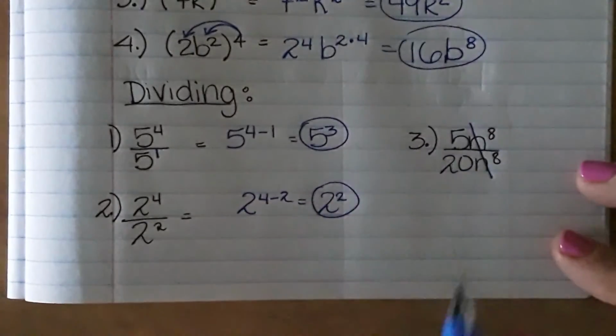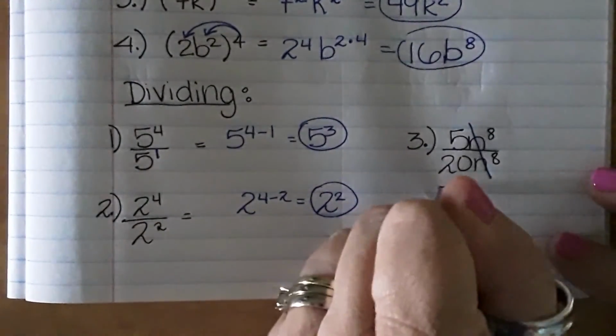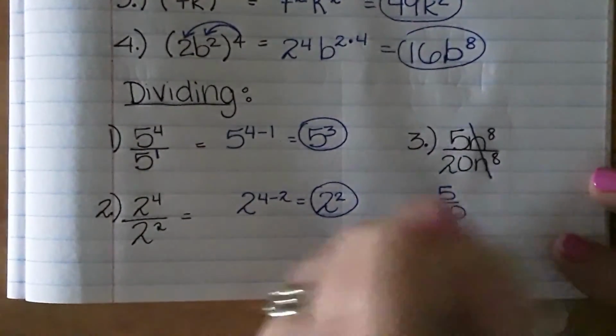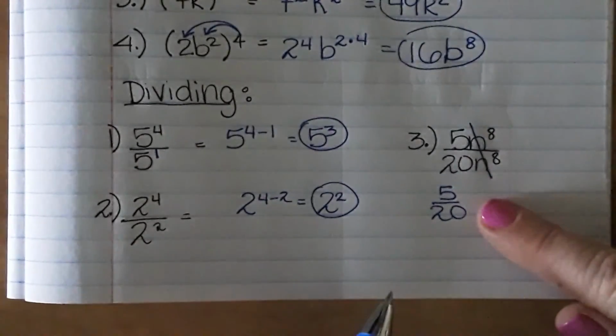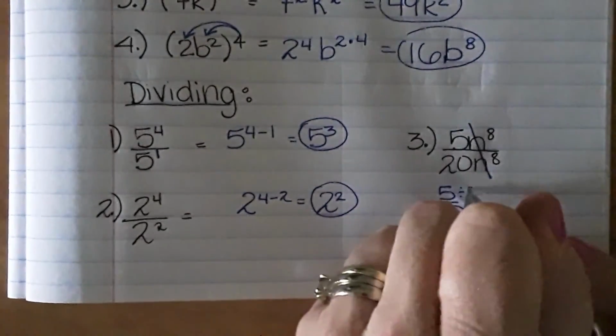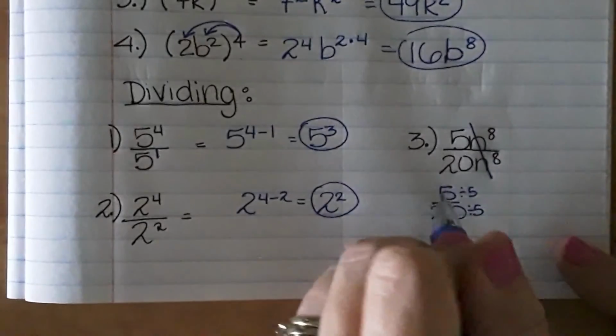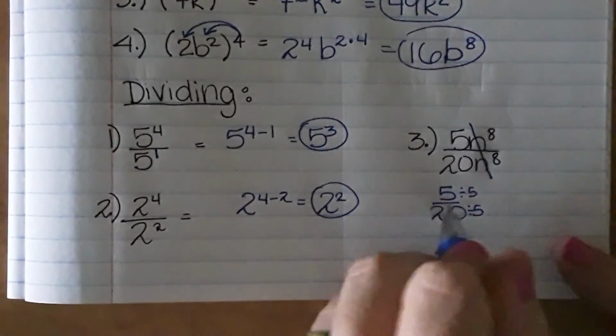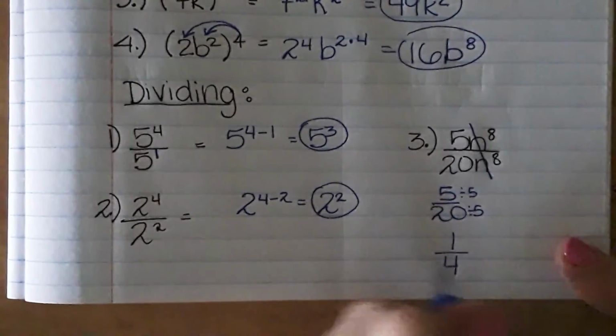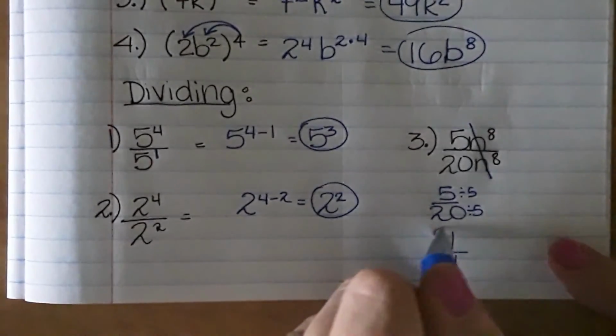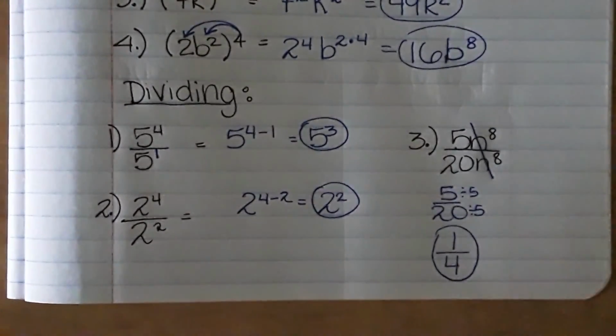So I'm able to just cancel these out. So I'm left with just 5 over 20. I can simplify by dividing both the numerator and denominator by 5. So 5 divided by 5 is 1, and 20 divided by 5 is 4. So my answer for number 3 is 1 over 4.